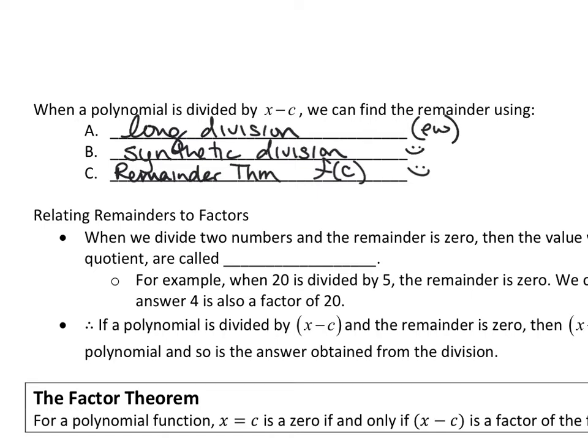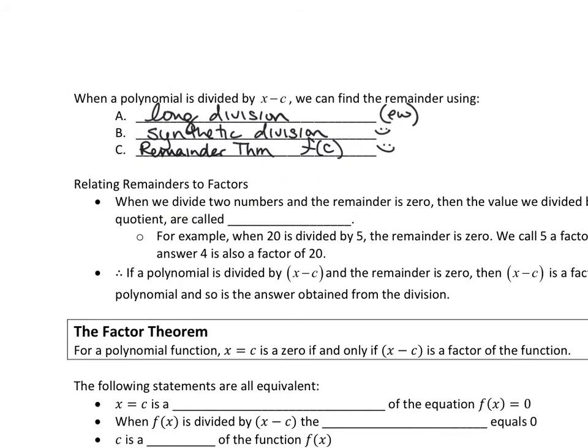So you kind of have mathematician's choice on this one. If I ask you what the remainder is, you get to pick which version you're going to use to find said remainder. I highly doubt you'll choose long division, but technically you could still do that. The remainder theorem. Mathematicians are lazy. We shorten everything. THM is the shortened form of theorem. Just got rid of all of the vowels in the word and the R.